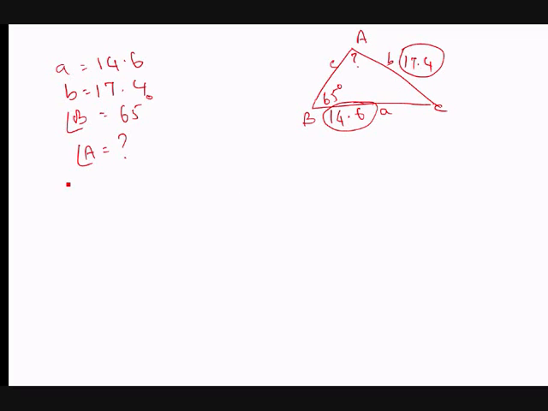Therefore, it is obviously sine rule. So 14.6 over sine A is equal to 17.4 over sine 65.